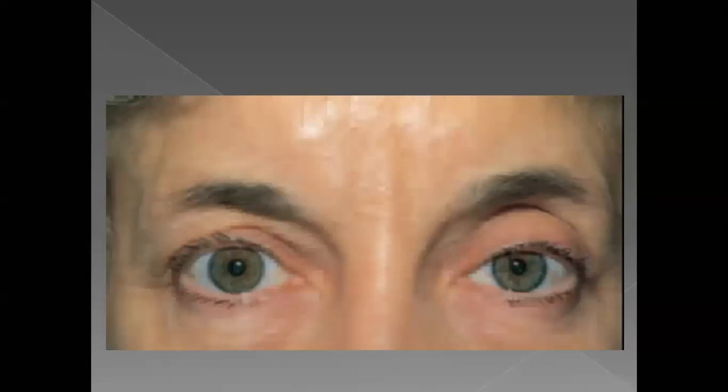Sir, can you please explain how the neurological cause can be Horner syndrome? Horner syndrome is basically a problem with the sympathetic system. Whenever there is a problem in the sympathetic supply, it will disrupt the Muller function, and Muller has a part to play in elevating the upper eyelid.